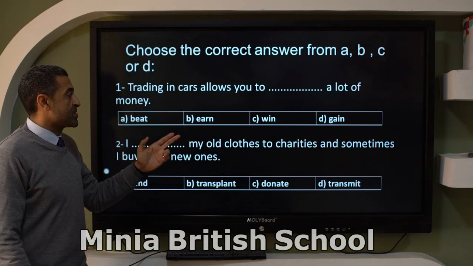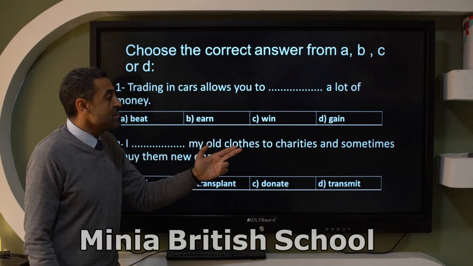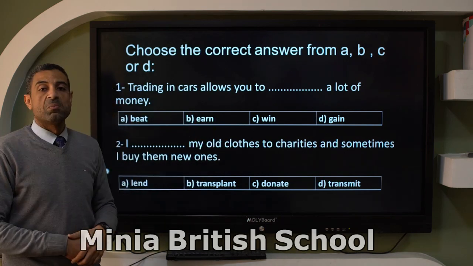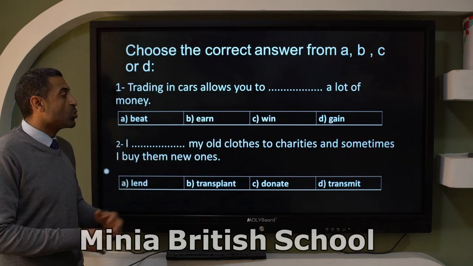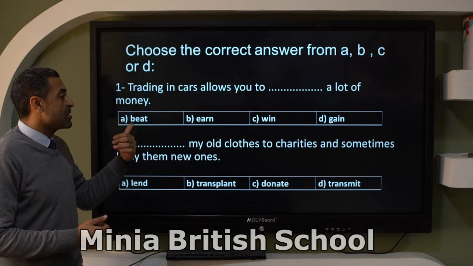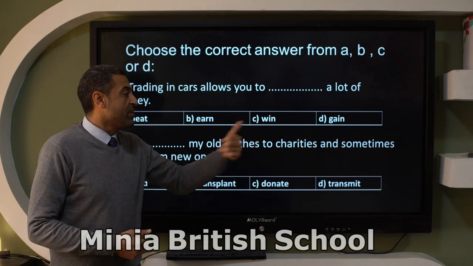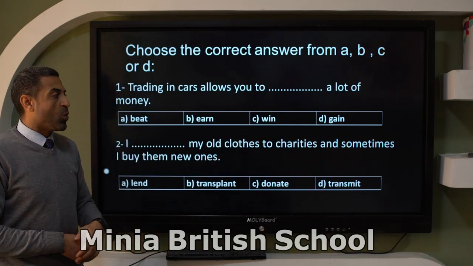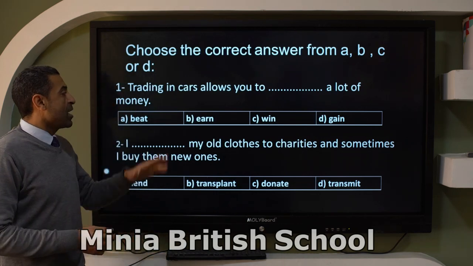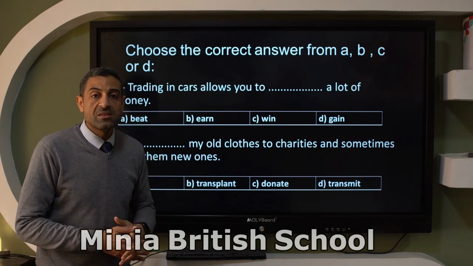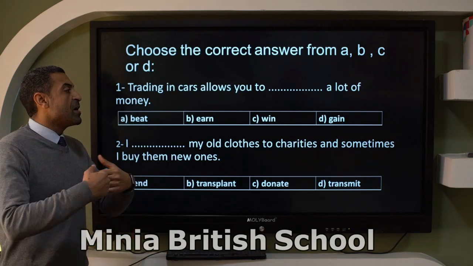Trading in cars allows you to blank a lot of money. Here we have different verbs meaning to get money: beat, earn, win, and gain. What do you think the correct answer is? Here I'm trading, so it means that I can earn money.